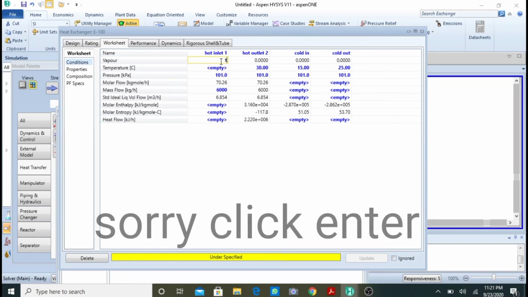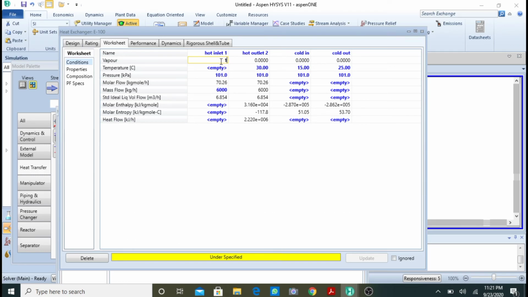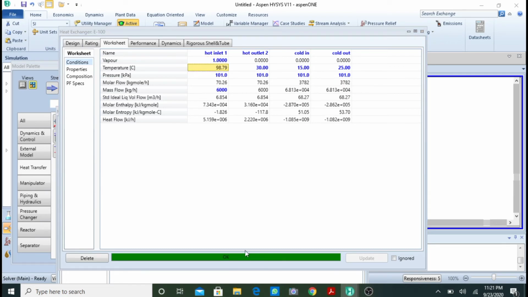When I click this 1, you can see that all of our variables have been solved.